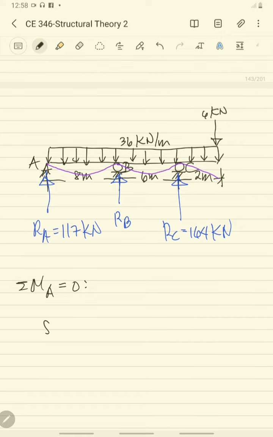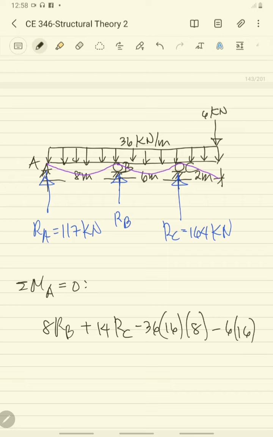So you have 8 RB, plus 6 plus 8, that is 14 times RC, minus 36 times 16 times 8, minus 6 times 16 equal to 0.